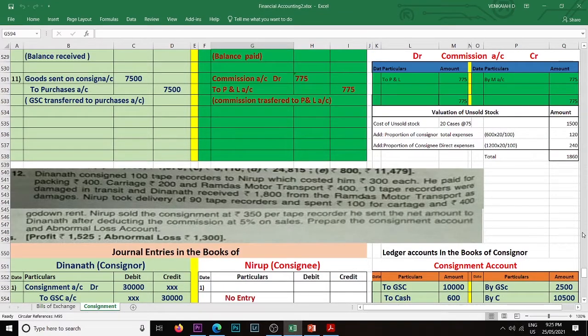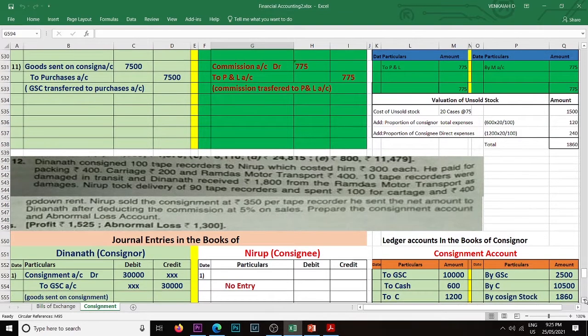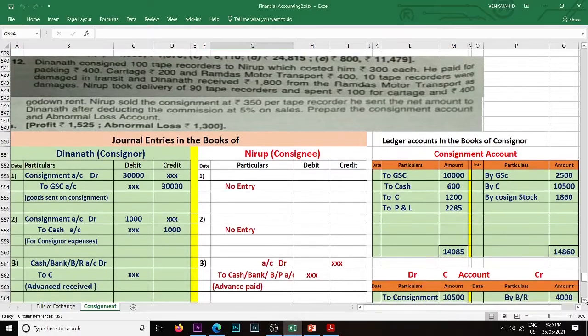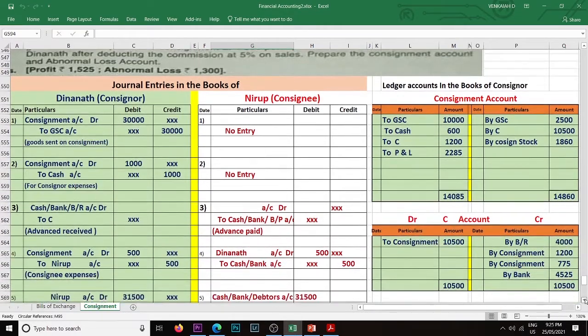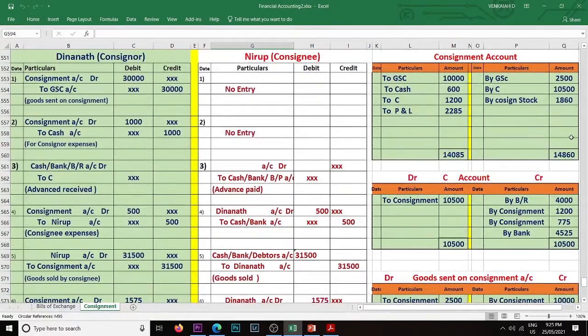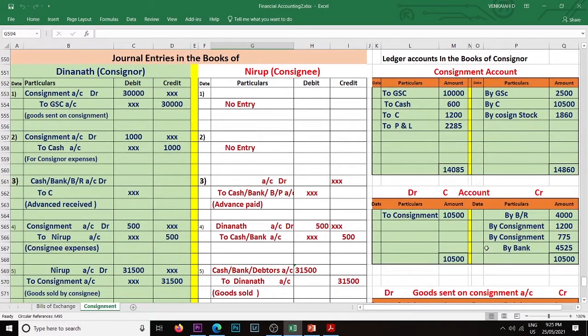Number 2, Nirup account. Who is Nirup? Nirup is consignee. Another one is goods sent on consignment account. Goods sent on consignment 30,000.